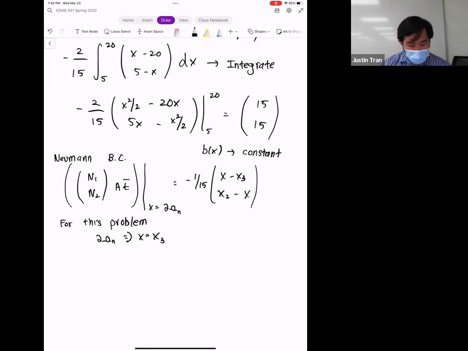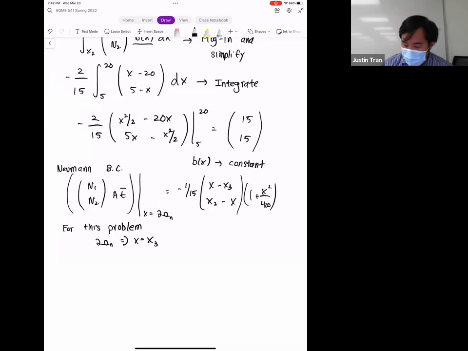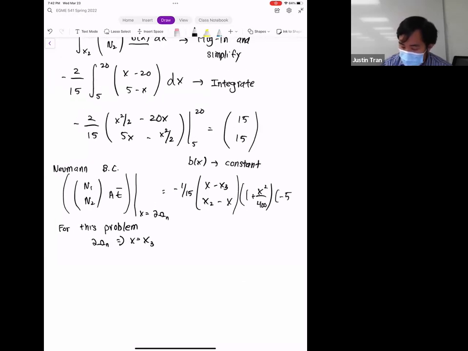And then for the area, we have 1 plus x squared divided by 400. And then our t-bar here is just -5.